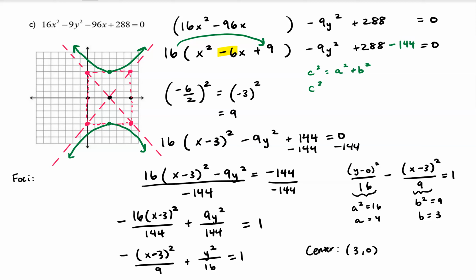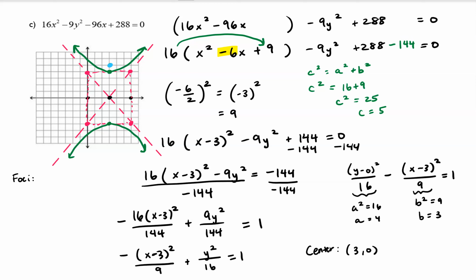So now we get C squared is equal to 16 plus 9, and we get C squared is equal to 25. And then if we take the square root of both sides, we get C is equal to 5. That tells me that from the center of my box, I want to move up 5 units, 1, 2, 3, 4, 5. So one of my foci is right there. In fact, let me use a different color so that it's clearer.